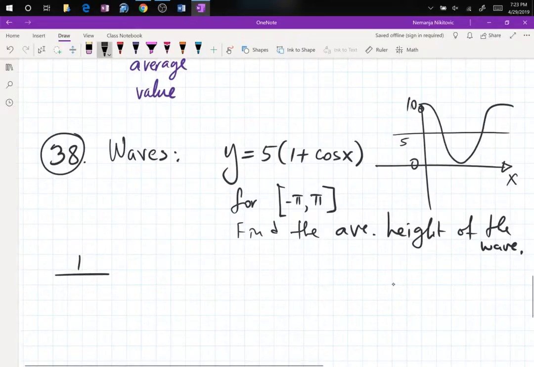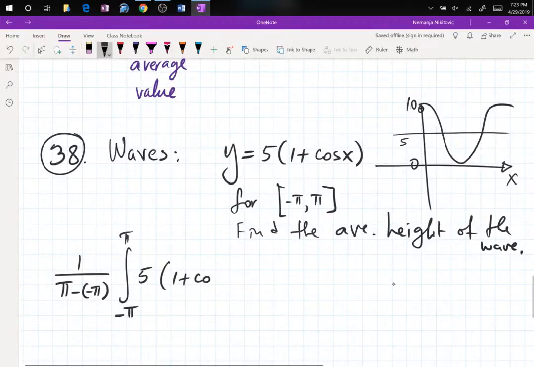1 over b minus a, integral from negative pi to pi of 5 times 1 plus cosine x dx.